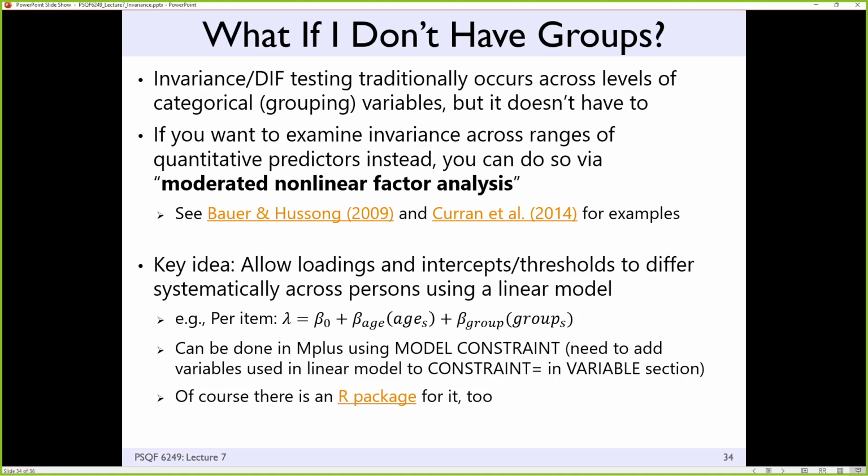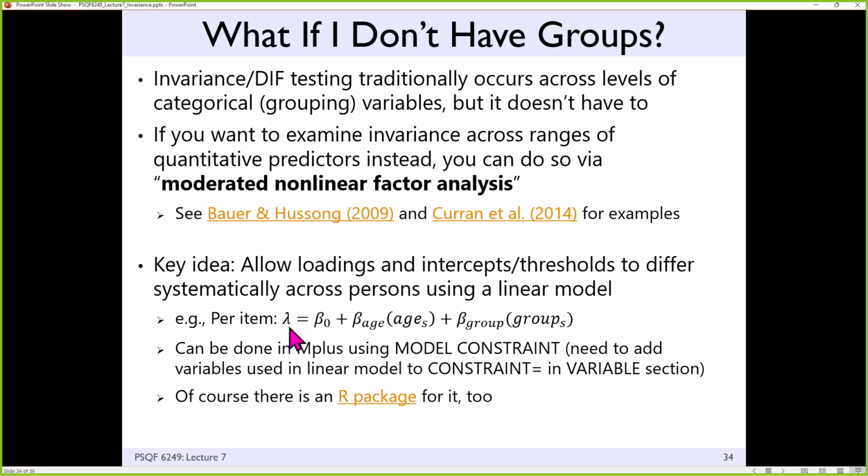Or you could just do invariance using a linear model for each parameter. So this is a technique invented by Dan Bauer. I have a couple papers about that on your reading list called moderated nonlinear factor analysis. And the idea is basically you hack Mplus into fitting a linear model to predict each item parameter.